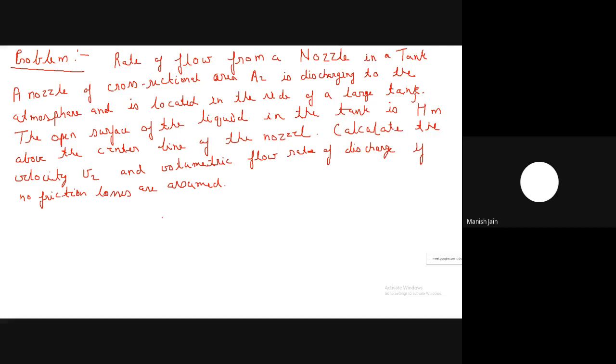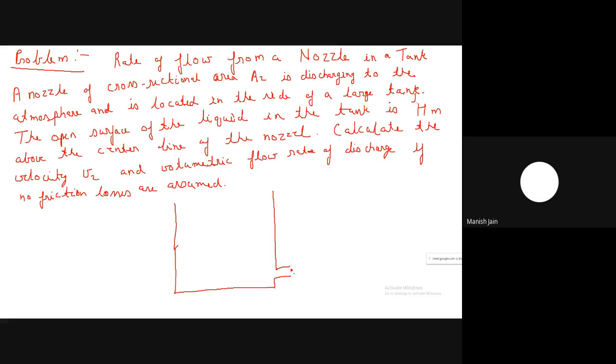Okay, so the problem is you have a large tank, and in this tank you have a nozzle. This is a nozzle, so fluid is flowing from the nozzle.